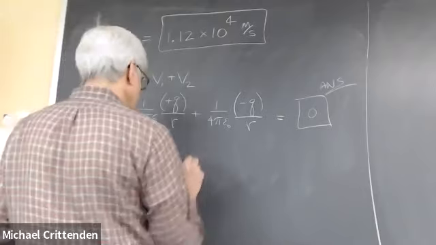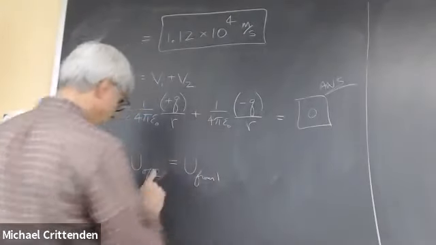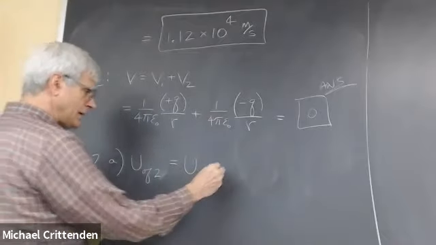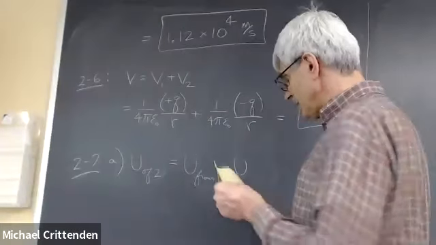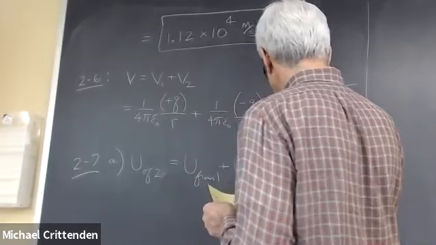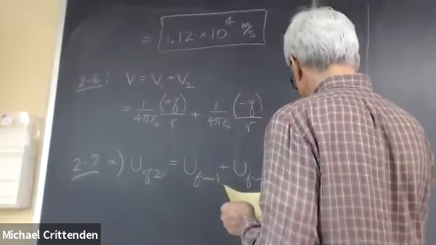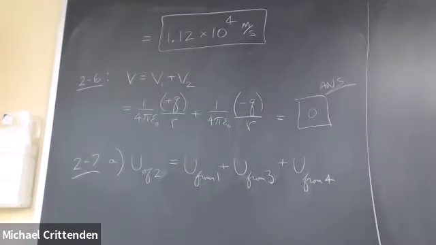So the potential energy that the 2 gets from the 1 kilogram plus the potential energy that the 2 kilogram gets from the 3 plus the potential energy that the 2 kilograms gets from the 4.